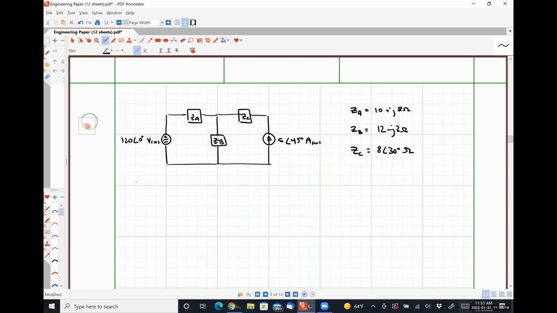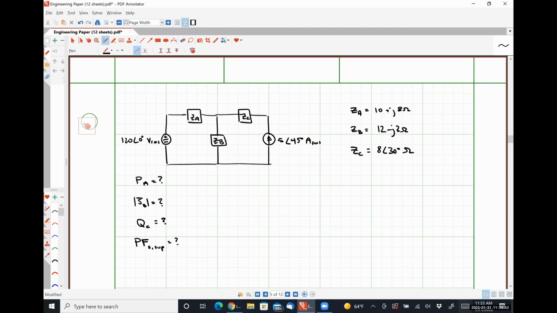And we want to know PA, the average power absorbed by load A, or impedance A, the magnitude of SB, the apparent power absorbed by impedance B, QC, which is the reactive power absorbed by impedance C, and PFS supplied.